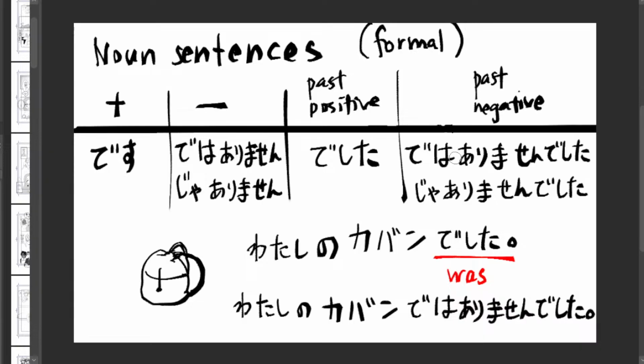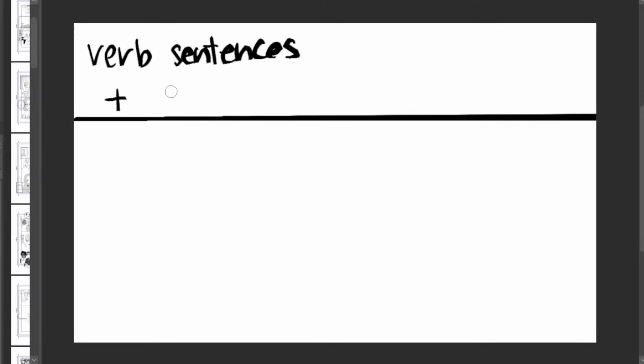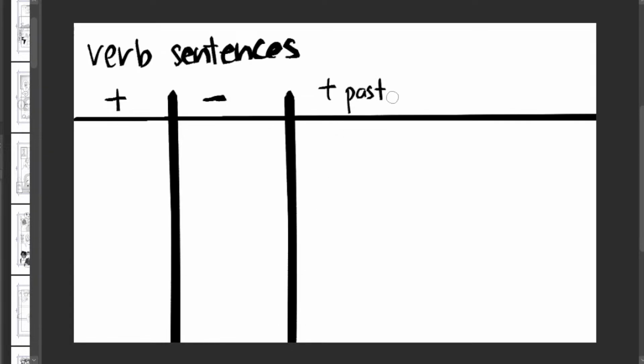Now we go to verb sentences. We have positive, negative, positive past, and negative past.